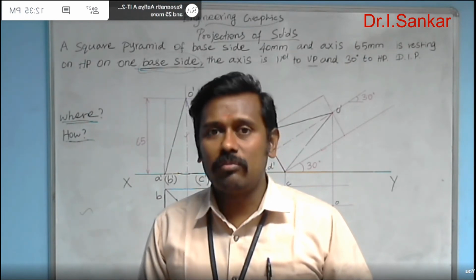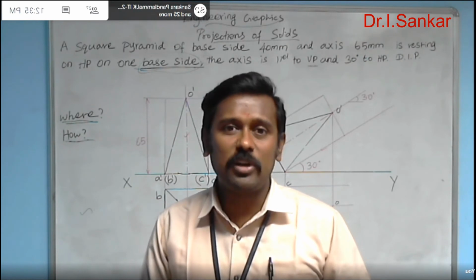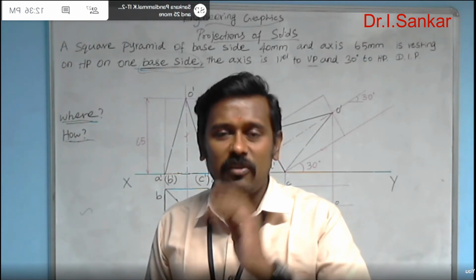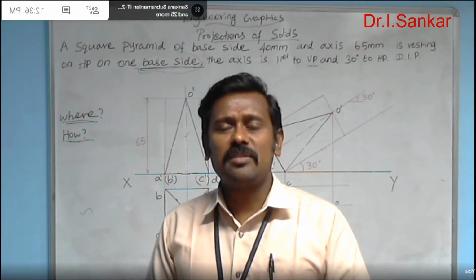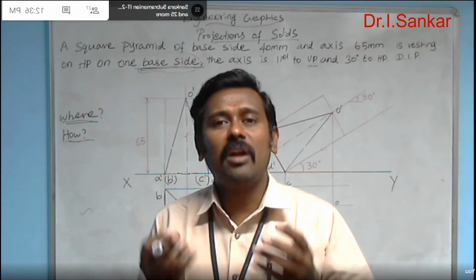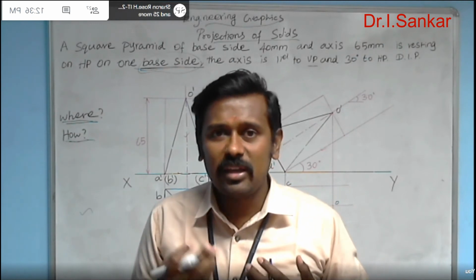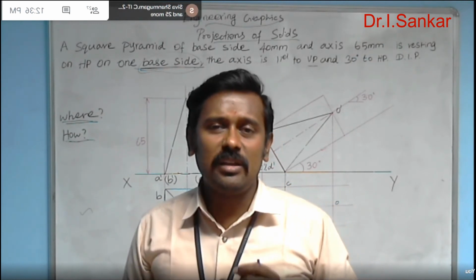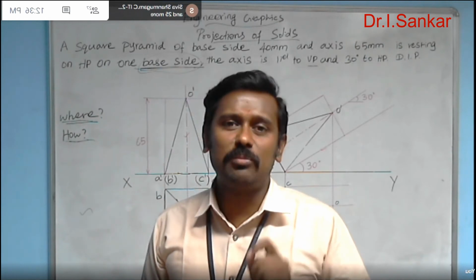I think you may remember the difference between the invisible edge and a visible edge. If an edge is straight away visible to your eyes, it is nothing but a visible edge. The edge which exists in the solid but is not visible to your eyes in a particular view is considered an invisible edge. These invisible edges also need to be marked without missing them.